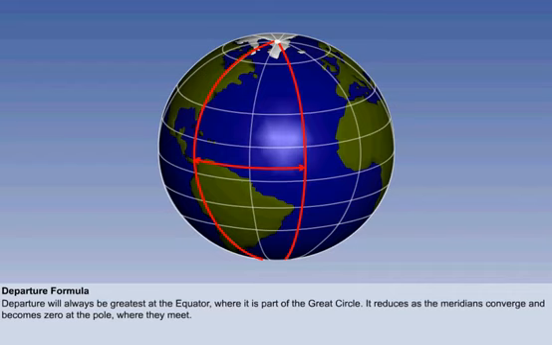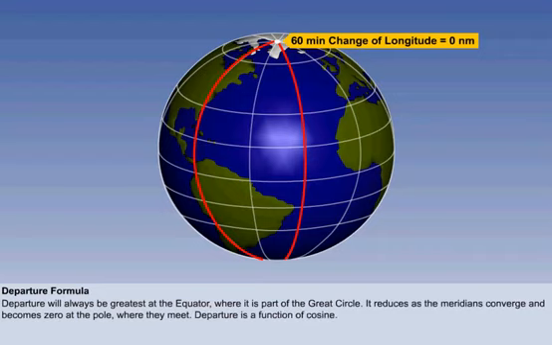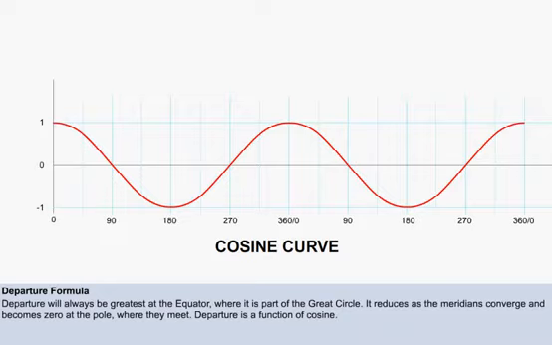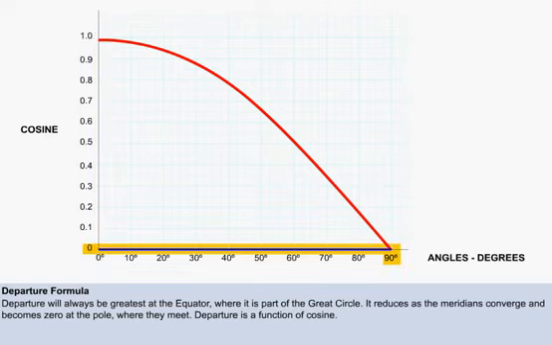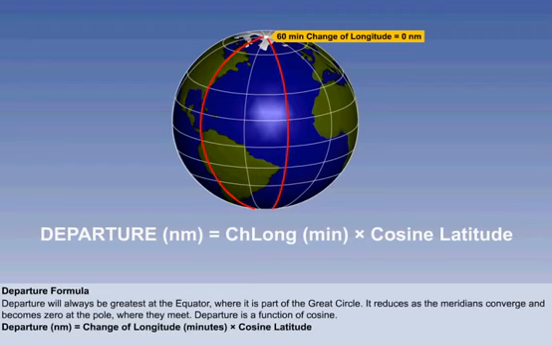At the pole, the change of longitude in minutes is multiplied by 0. Departure is therefore a function of cosine, which has a value of 1 at 0 degrees and 0 at 90 degrees. The equation is therefore that departure equals the change of longitude in minutes multiplied by the cosine of the latitude.